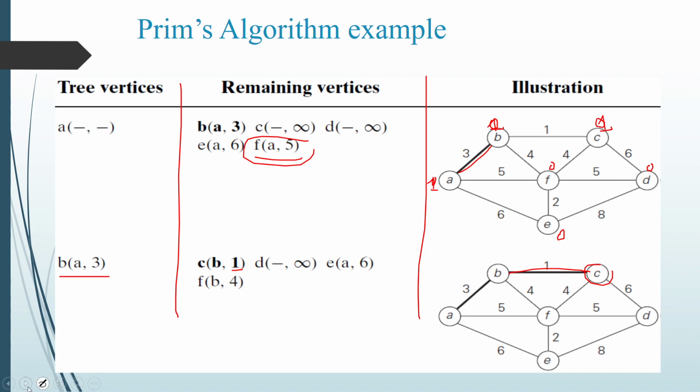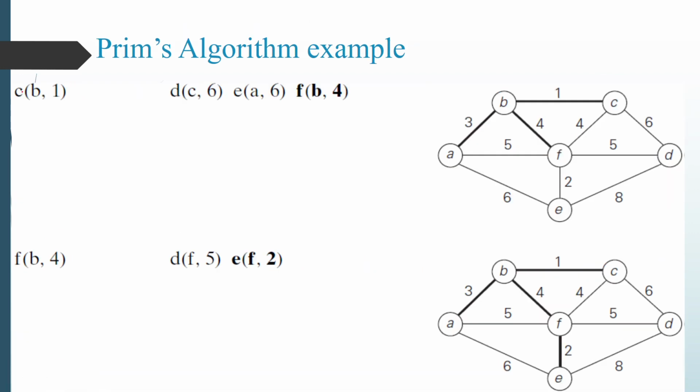So now after visiting that vertex, you have to write that vertex in the first column. So that is C, B, comma 1 here. So after visiting A, B, C, now what are the vertices left as unvisited? That is F, E, D. So now you list those things in the second column as unvisited.